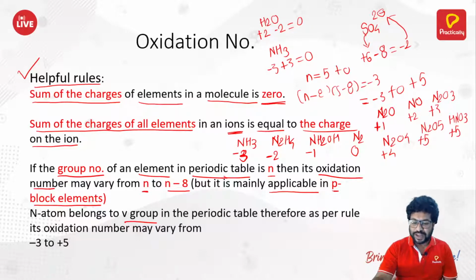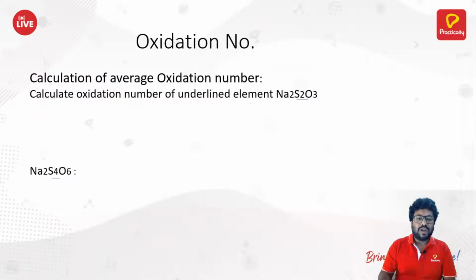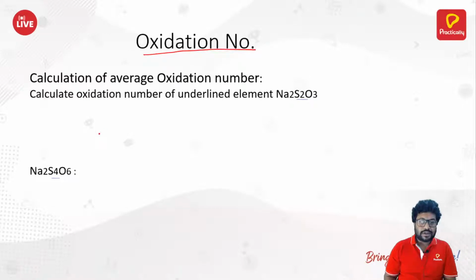Okay, so moving ahead. Now, calculation of average oxidation number. Let's find out how we can calculate the oxidation number. First of all, what they have asked us: calculate the oxidation number of the underlined element. The underlined element is what? Sulfur. How can we do that? See, you have Na2S2O3.